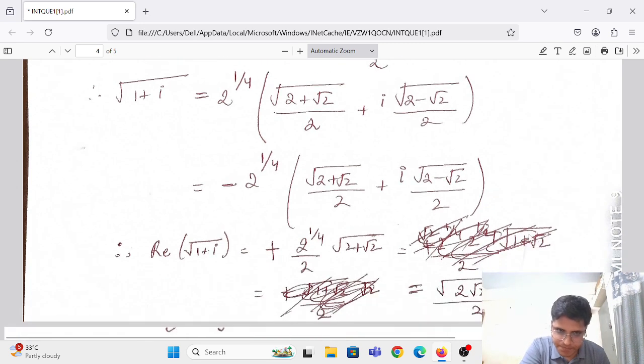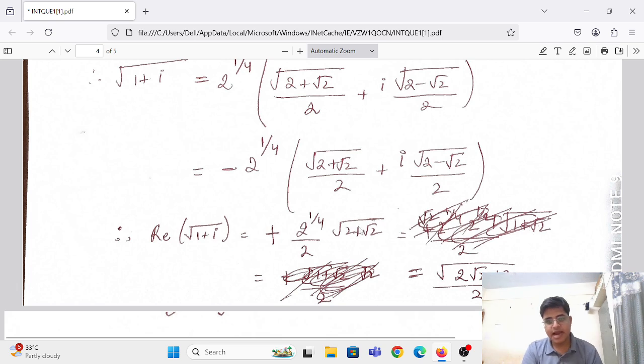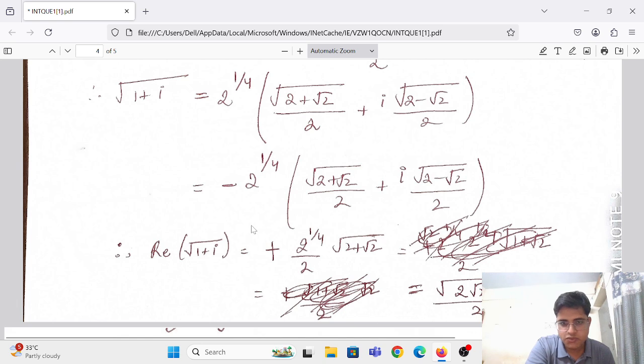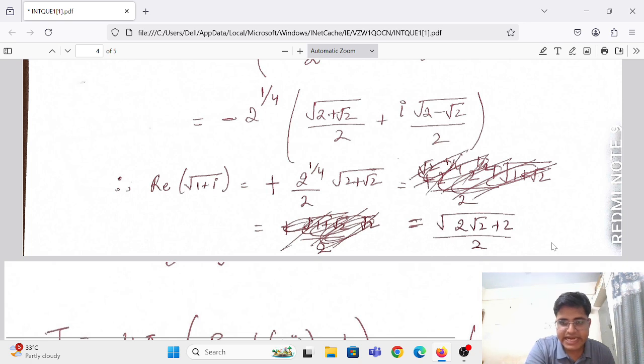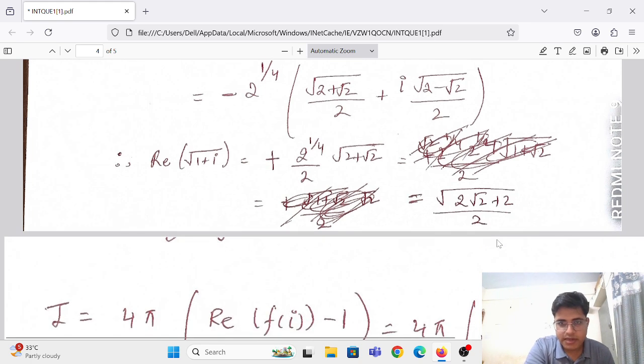So what is the real part of the root of 1+iota? Although the 1 is coming over here, the real part is 2 to the power 1/4 over 2 times √(2+√2). If we take this 2 to the power 1/4 inside, it becomes √2 when it goes inside, so it becomes √(2√2+2). So you get √(2√2+2) over 2.